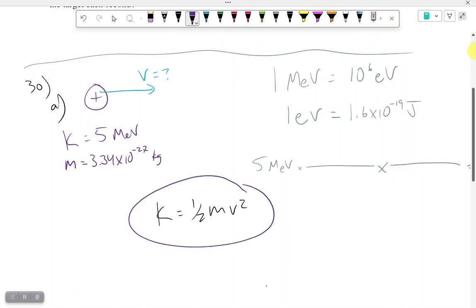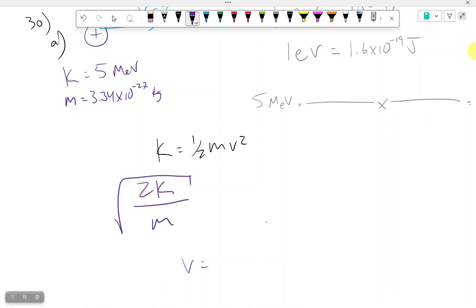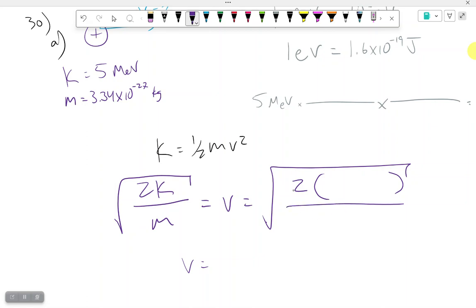So I can use the equation for kinetic energy to figure out the speed. I multiply both sides by 2, get 2K, divide by m, and take the square root of both sides. The velocity is the square root of 2 times my kinetic energy in joules divided by 3.34 times 10 to the negative 27 kilograms.